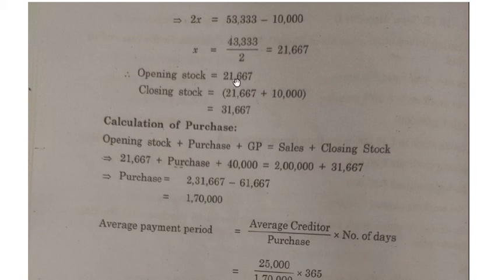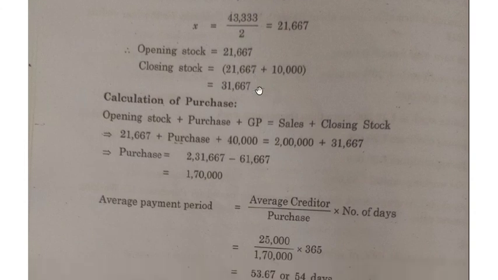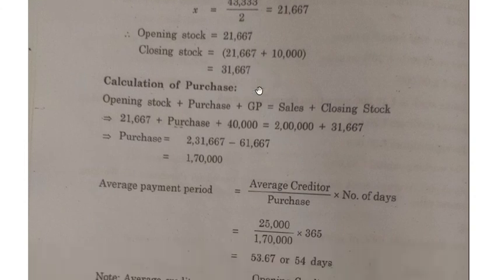You find out the x factor, it is 21,667. Now we got to know opening stock is 21,667. So what is your closing stock? 10,000 more than your opening stock. So 21,667 plus 10,000, you get 31,667, which is nothing but your closing stock.